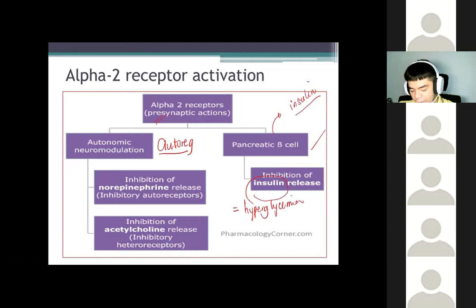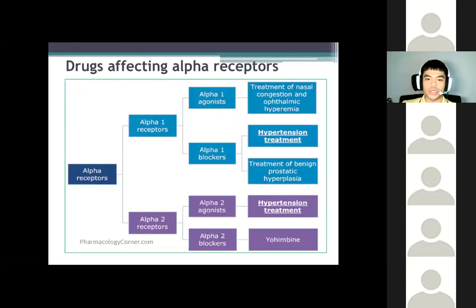Okay? So yan ang effect ng alpha-2 receptors. Guys, this figure naman explains the clinical applications of drugs that can target alpha receptors. Remember, we have alpha-1 and alpha-2 receptors. Para maintindihan ang figure na to, i-connect natin ang mga effects kanina sa mga drugs.